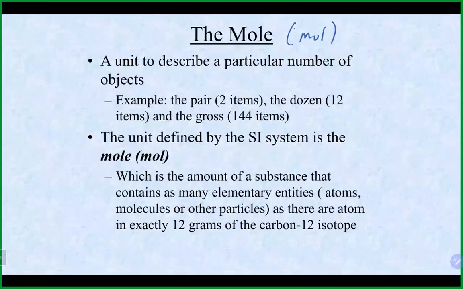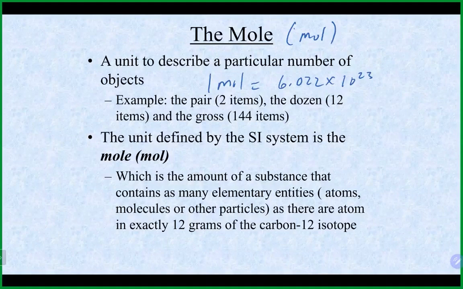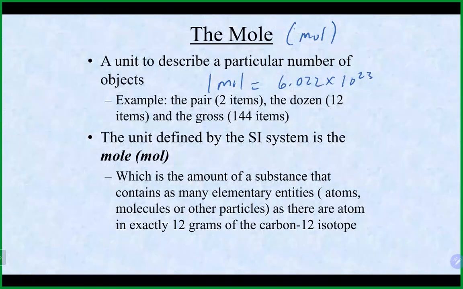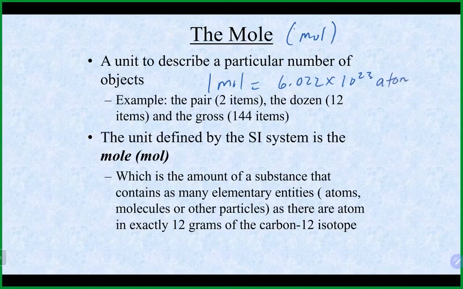And 1 mole of anything will equal 6.022 times 10 to the 23, which is known as Avogadro's number. And as we will see, the units of Avogadro's number can be different. We could have them being atoms, which is a common unit. They could be molecules. They could be particles. They could be pizzas.